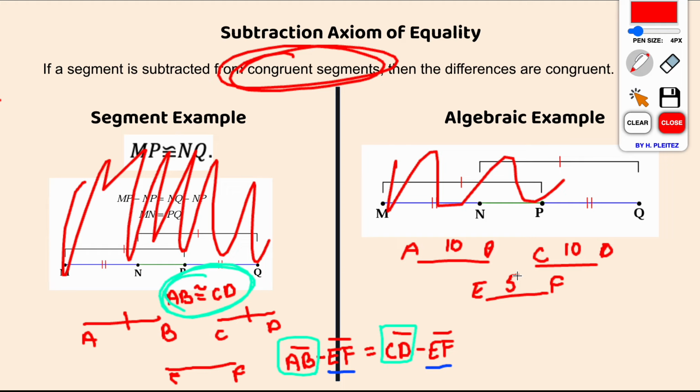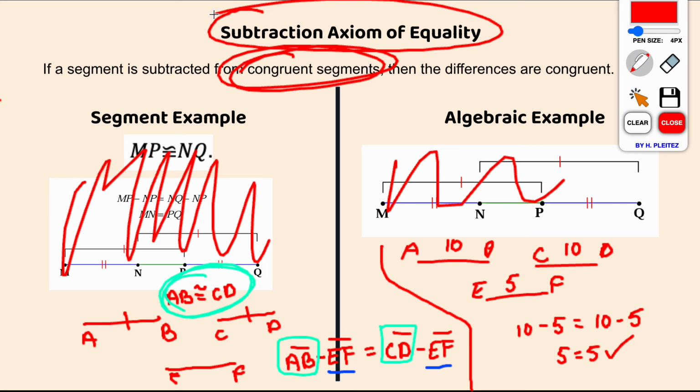So again, we said if I took AB, which is 10, and I subtracted EF, which is 5, that's going to be equal to doing CD, which is 10, minus EF. And if you did the math, you could see that 5 is equal to 5. So again, it does help bringing this back to our algebra, just to understand what's happening here. And if you had to use this in a proof, you would justify it by saying subtraction axiom of equality.